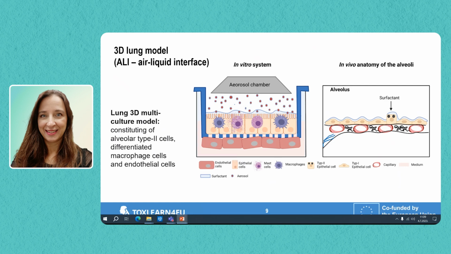Macrophages are added to stimulate the immune system. And this system is also called ALI, air liquid interface, because here we have mostly air. Sometimes we can also have a really tiny liquid surface on the upper part of the model.